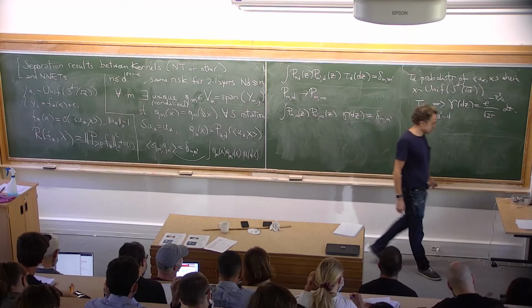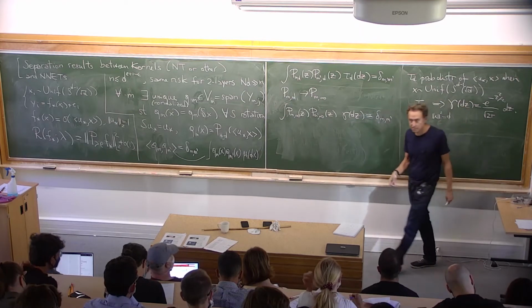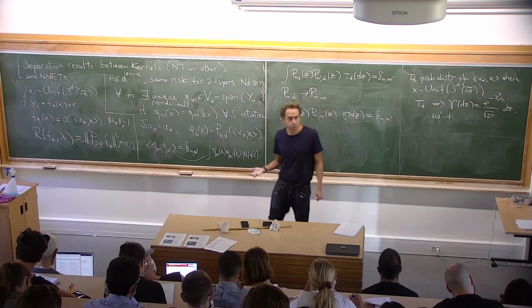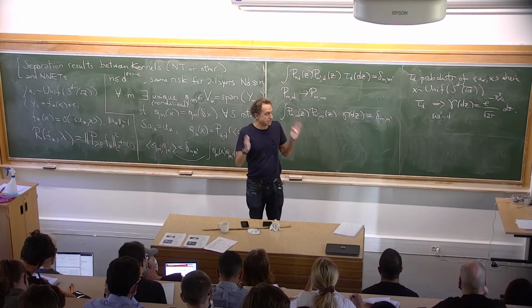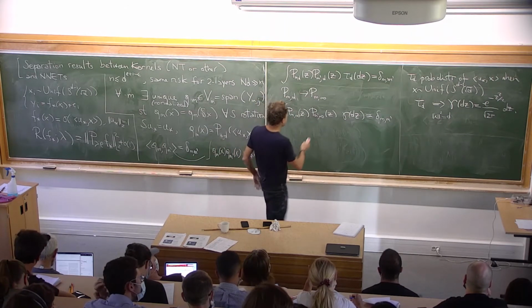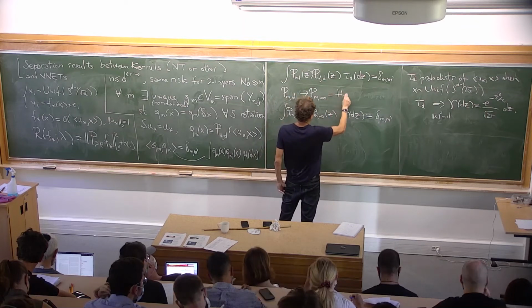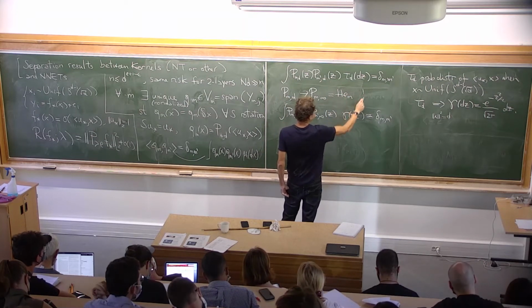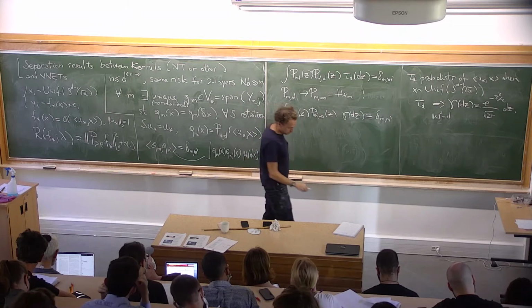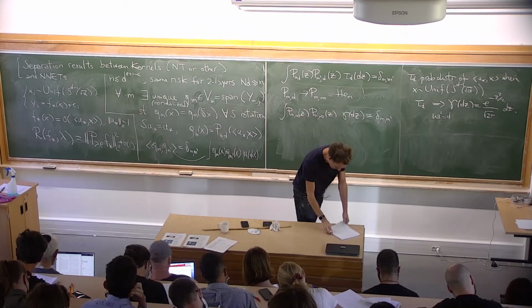Okay, now we know what the orthonormal polynomials with respect to the Gaussian measure are. Hermite polynomials. So P_M infinity is the mth Hermite polynomial. Very nice. And so what does this mean?